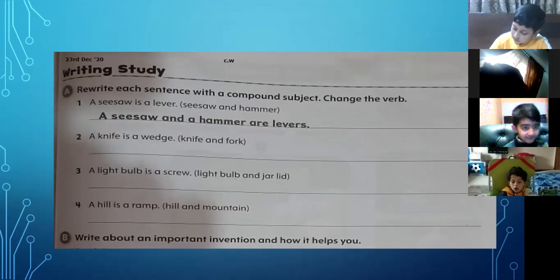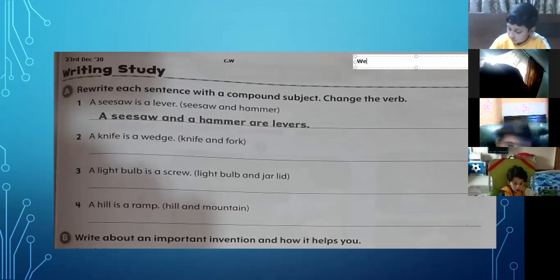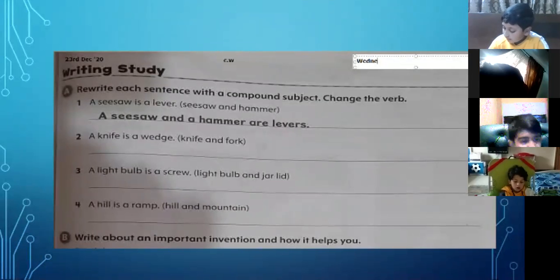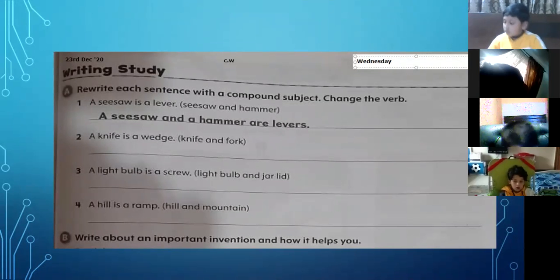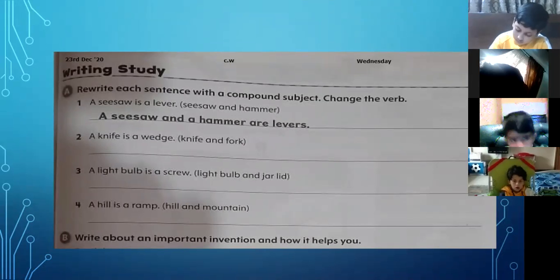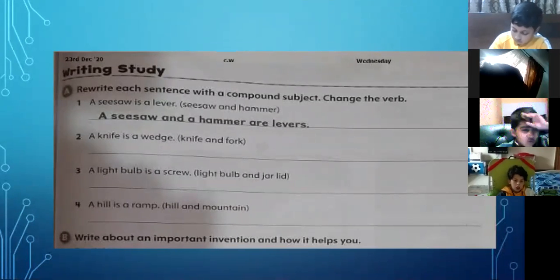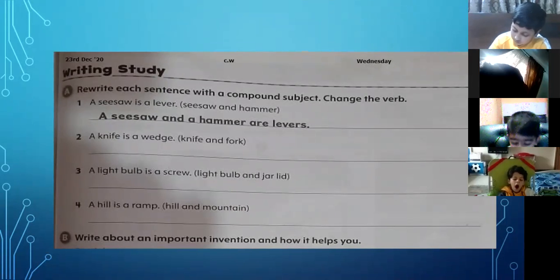Classwork, and day is Wednesday. Okay? Write on classwork, day and date, all of you.